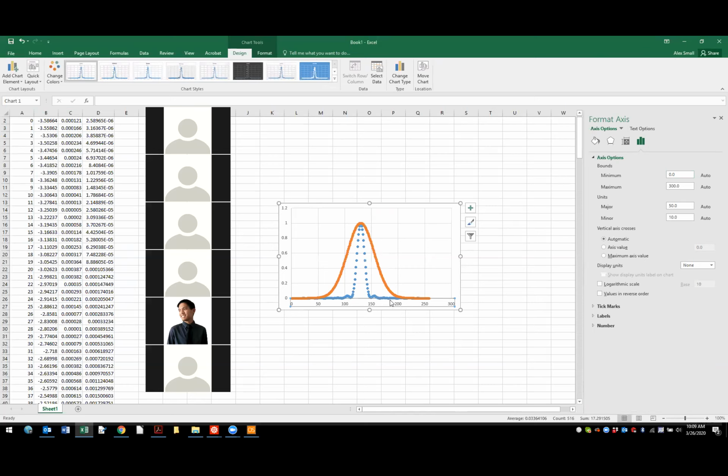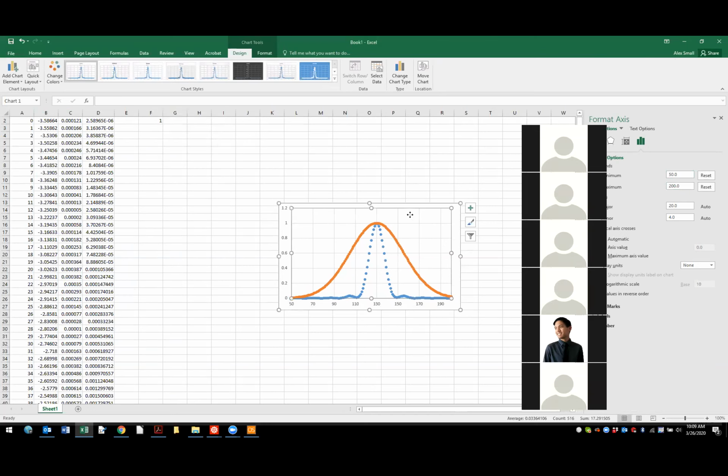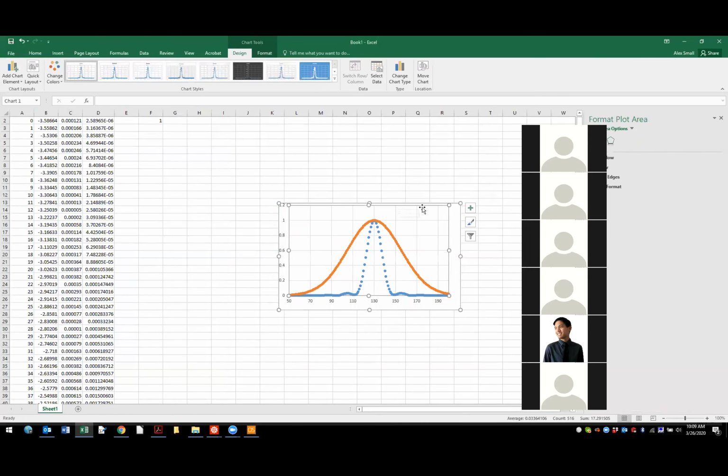I have absolutely no idea why that is, but I'm beyond the point of caring. So we're just going to take this from 50 to 200 and we're just going to roll with it. And then we're just going to play with the value of that constant.